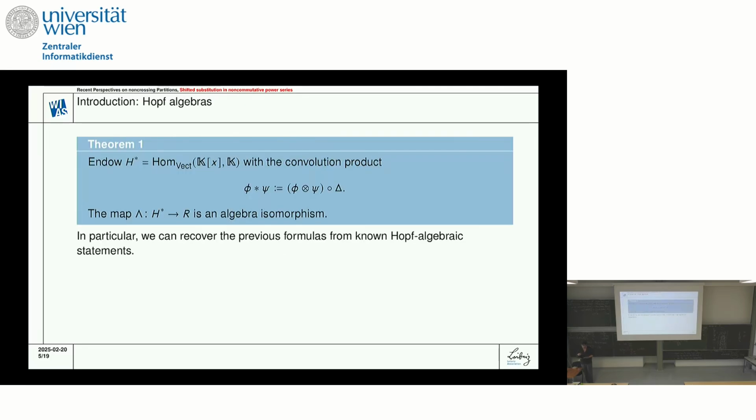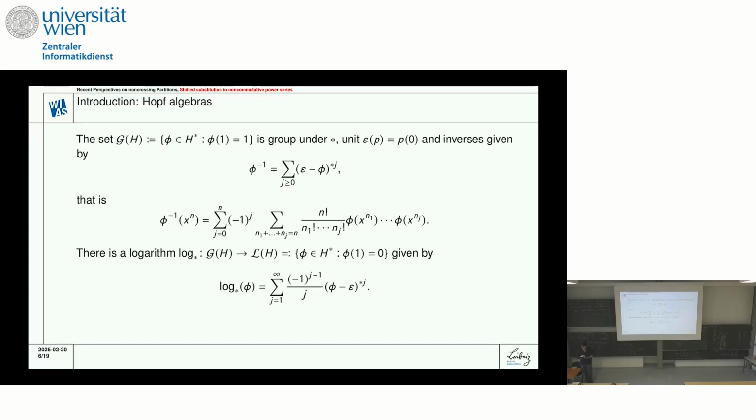But the point is that then we can try to, for example, compute inverses for this product, which is now happening in a linear space. So there's no more nonlinearity coming from a group, more or less.